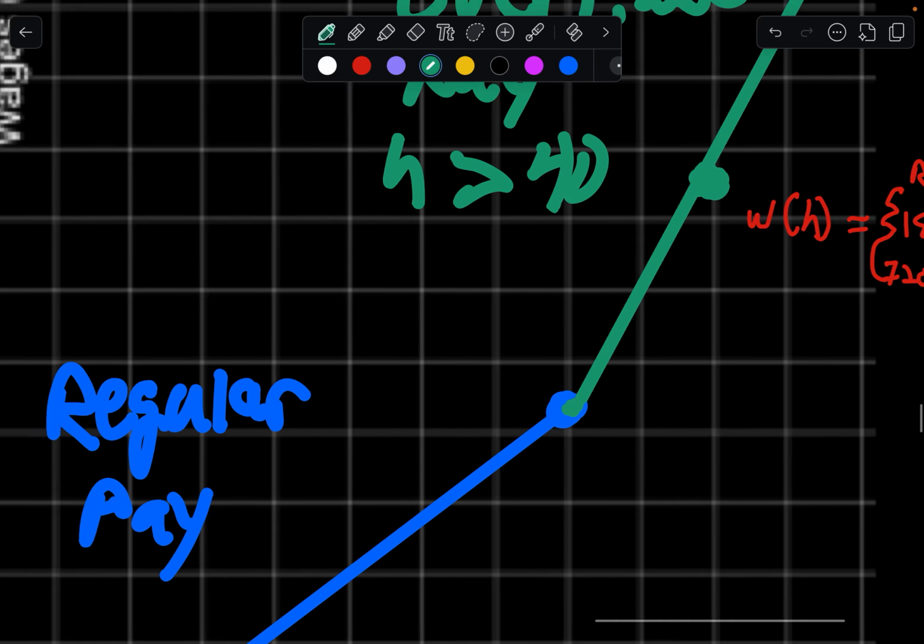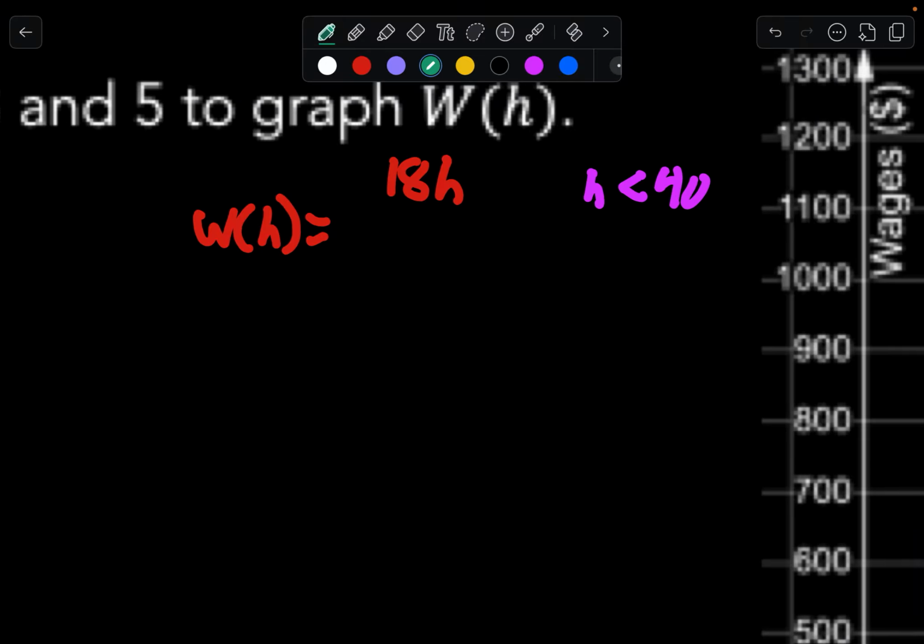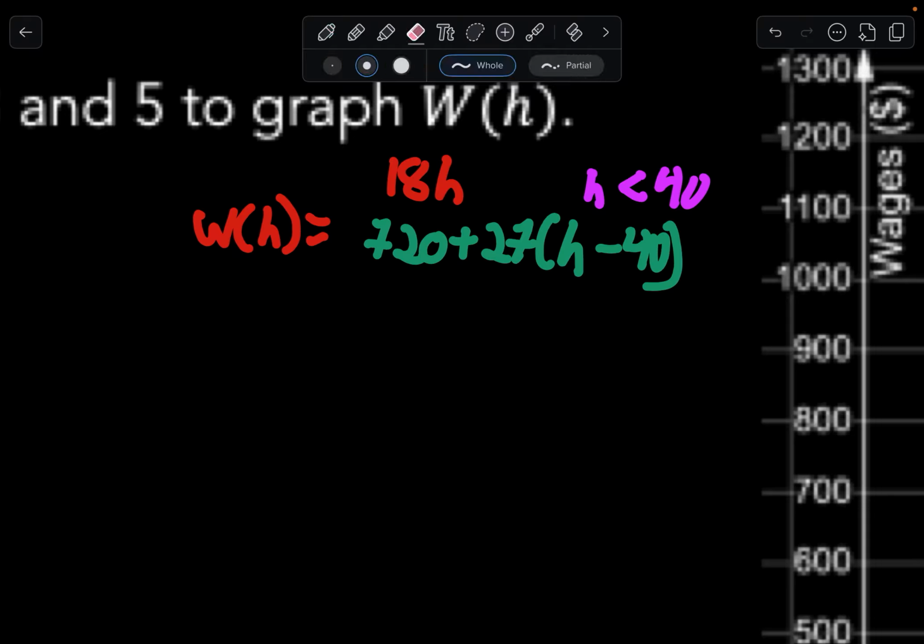So writing in piecewise defined fashion, it would be 720 plus 27 times H minus 40. And that would be valid for H, the condition. You have to have the condition.